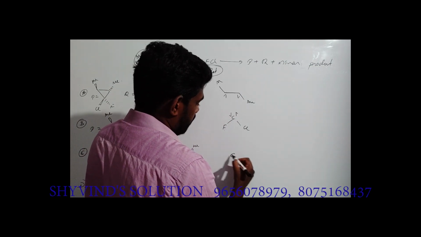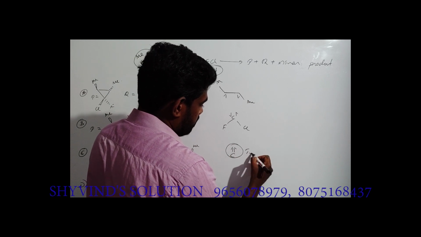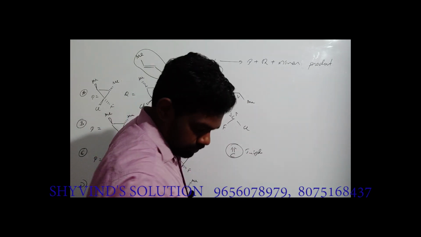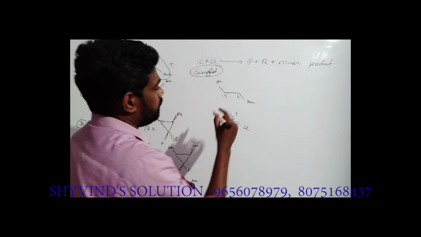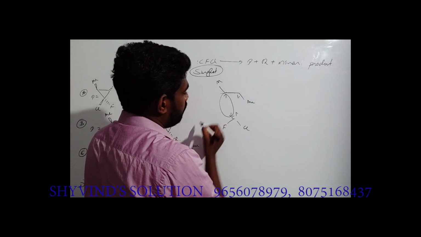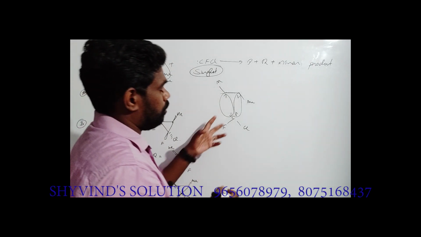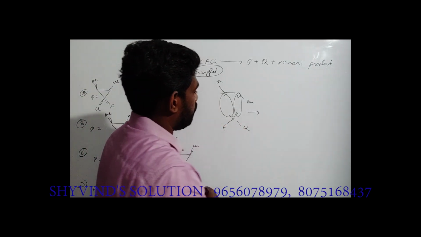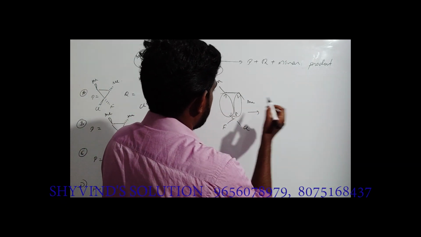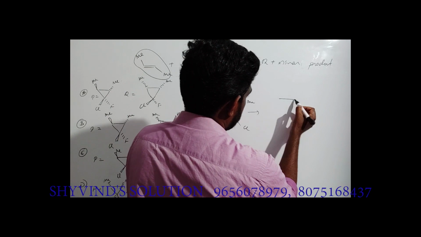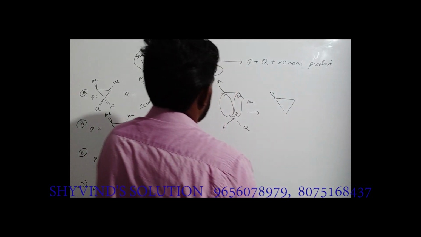Okay, in a triplet carbene, both electrons will have the same spin. This is triplet carbene, this is singlet carbene. It is given as singlet carbene in the question. So these two electrons having opposite spin will form a bond here, and these two electrons having opposite spin will form a bond here. Okay, so that is how it forms a bond here. So there is a product like this. Me.